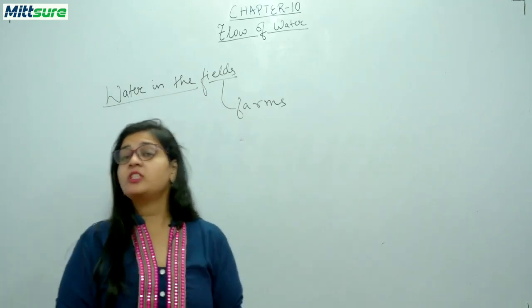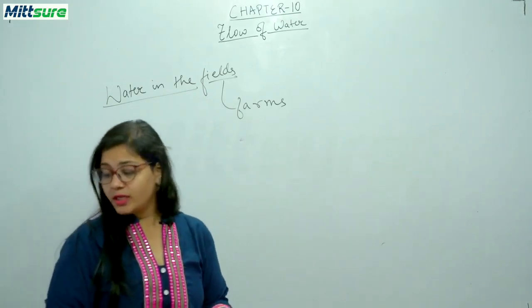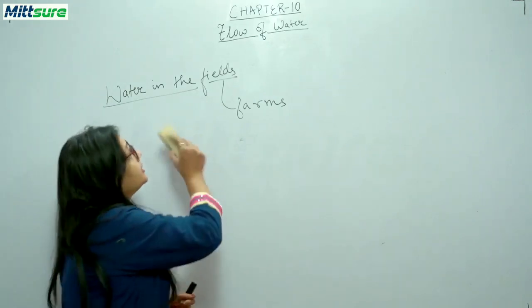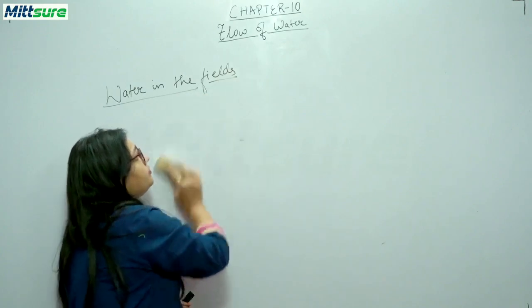और जब हम आर्टिफिशियली वाटर प्रोवाइड करते हैं, उसे कहते हैं हम इरिगेशन. So what is water in the field is called irrigation.